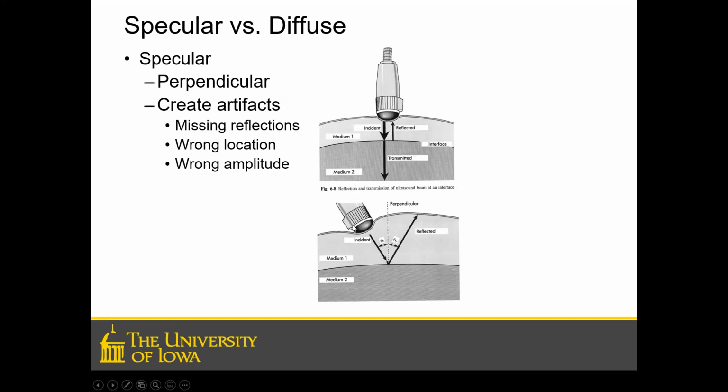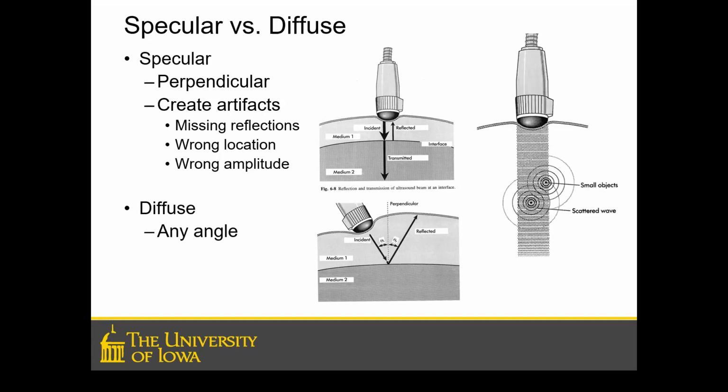Specular reflectors are notoriously the ones that cause most of our artifacts, so basically everything that I've talked about up until here. We have reflectors that are missing, and we have reflections that are in the wrong location or the wrong amplitude.